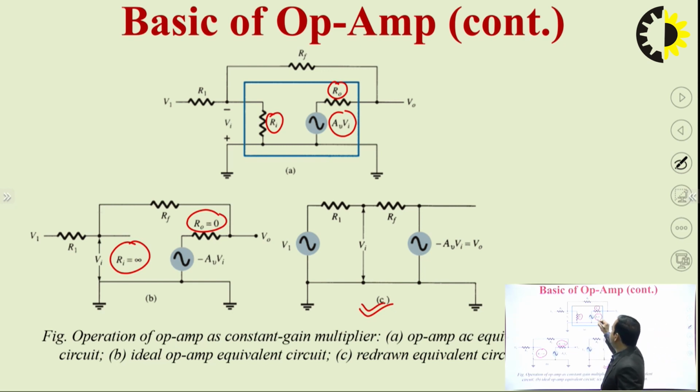This is AV multiplied by Vi, but if we change the polarity, because the voltage induced will be positive this side and negative this side, then the value of this voltage source will be minus AV times Vi. So again here we have minus AV times Vi, which is a dependent source.